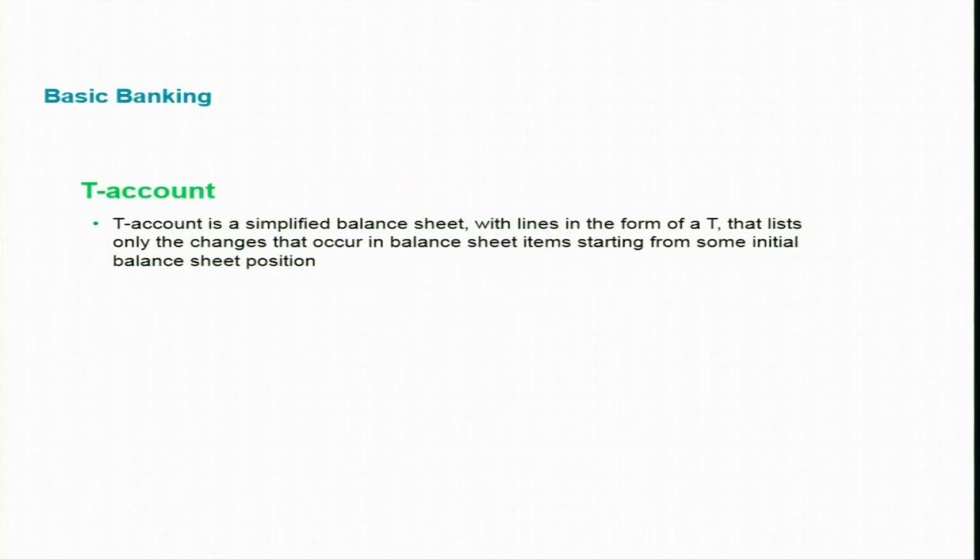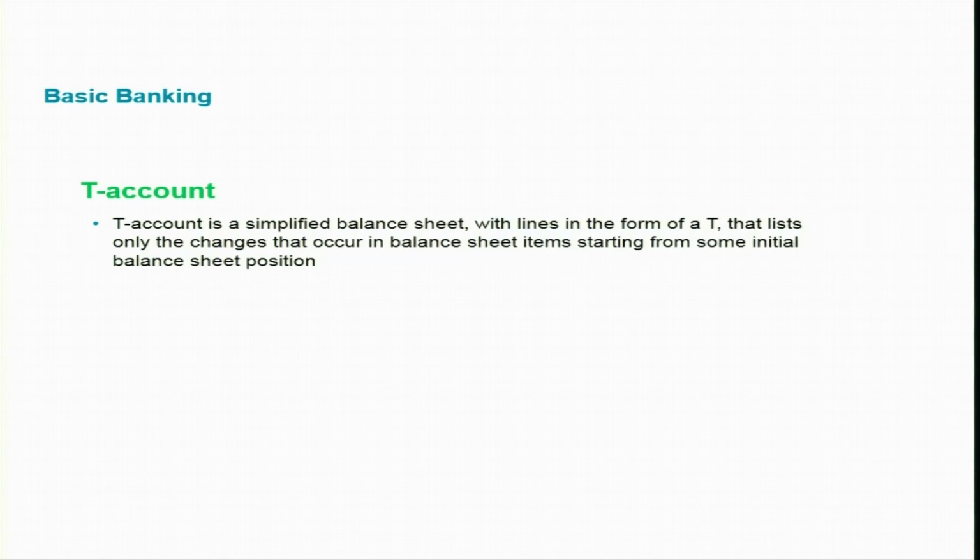So we have covered the different components of a bank's balance sheet, the asset side and the liability side, and in this session we will now focus more on the basics of banking. We will explain this using a T account. What does a T account mean?